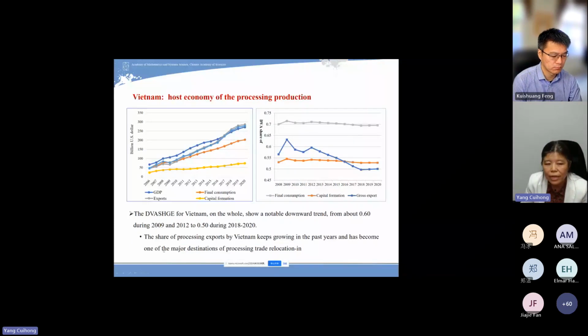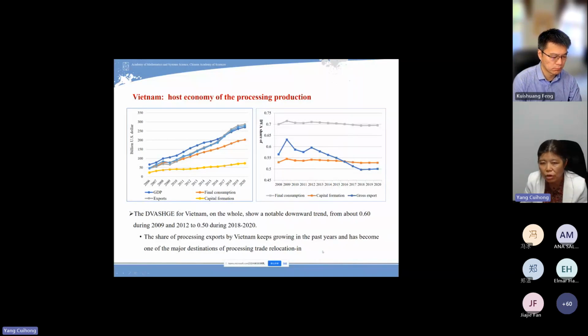The data on the left-hand side is the real data. We could see that the green one, their exports, increased quite rapidly, and the chart on the right-hand side is our estimation.